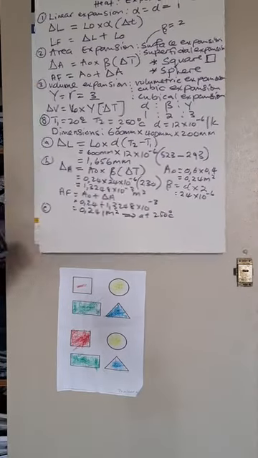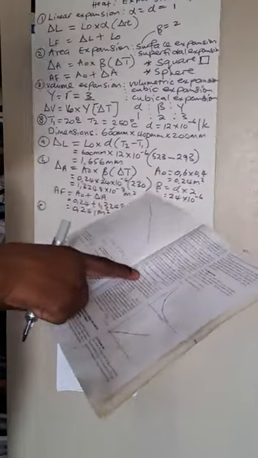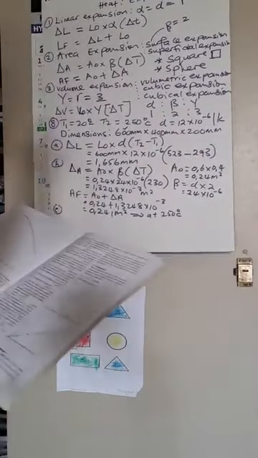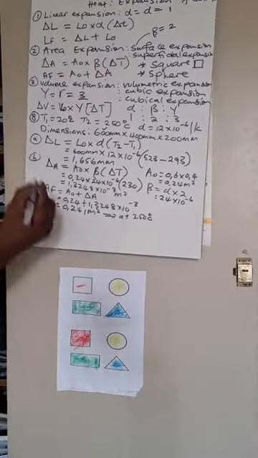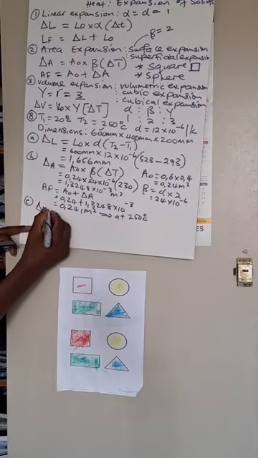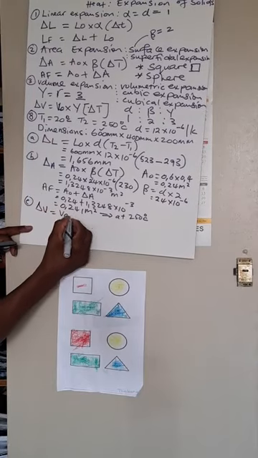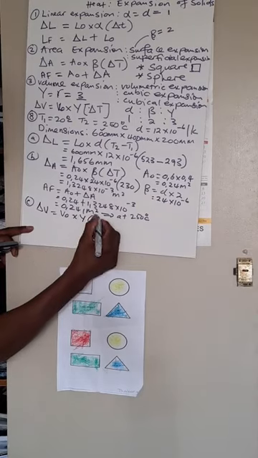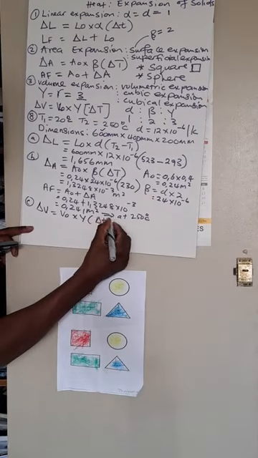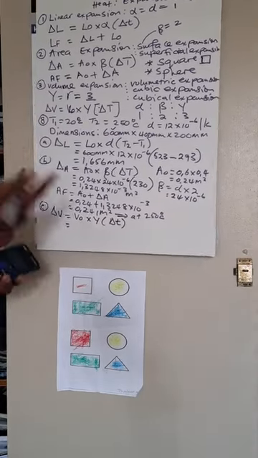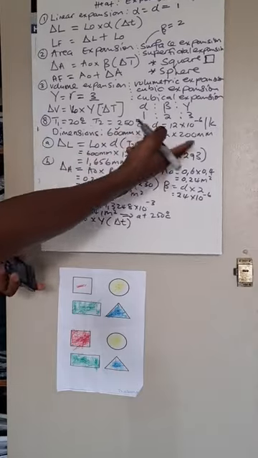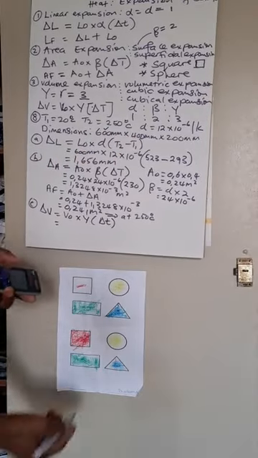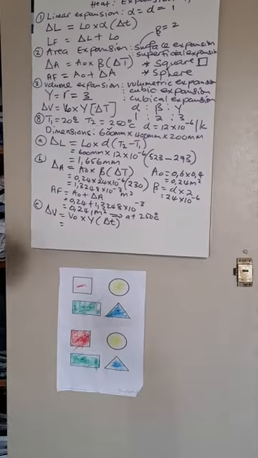Now, on number C, the question says, calculate the increase in volume in meter cubed. Now, change in volume equals original volume times our cubical expansion times our change in temperature. Original volume, we can also divide the dimensions by 1,000 because they want the answer in meter cubed.